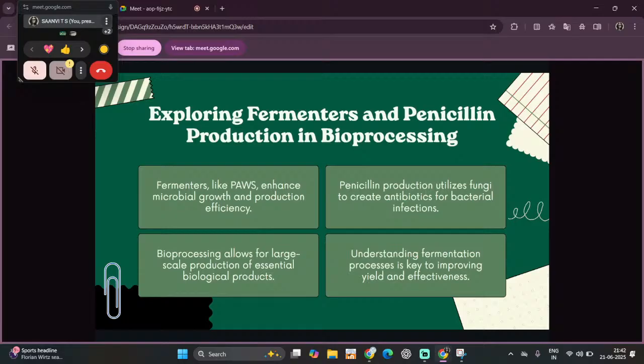Fermenters enhance microbial growth and production efficiency. Penicillin, we all know about penicillin, right? Penicillin production utilizes fungi to create antibiotics for bacterial infections. Bioprocessing allows for large-scale production of essential biological products. Understanding fermentation processes is key to improving yield and effectiveness.